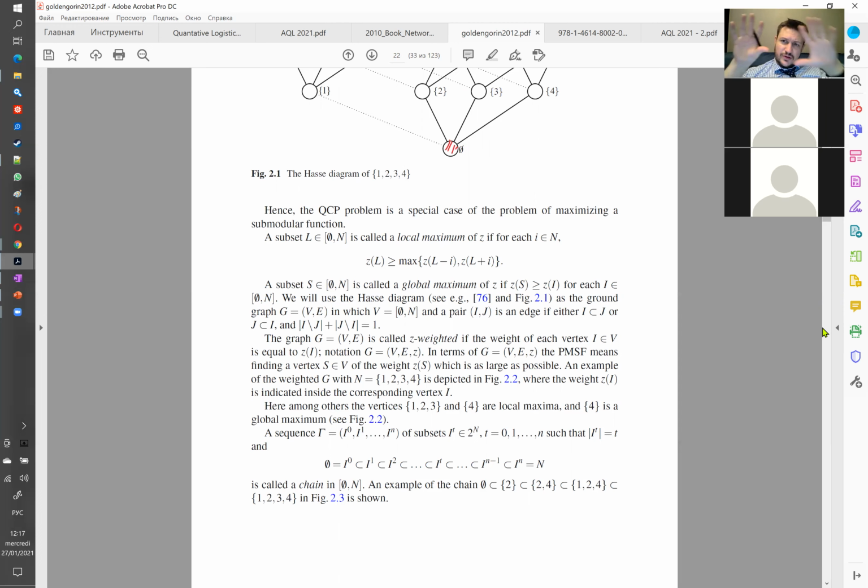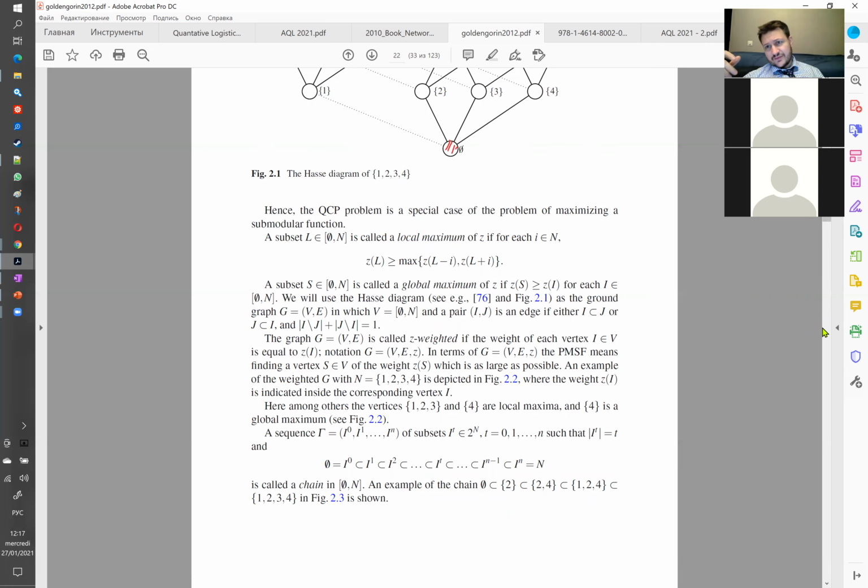So we took all subsets, and we connect those that have only one member that is in one set and there is no such member in another set, only one member. So it's very important. And there is a definition for local subset.